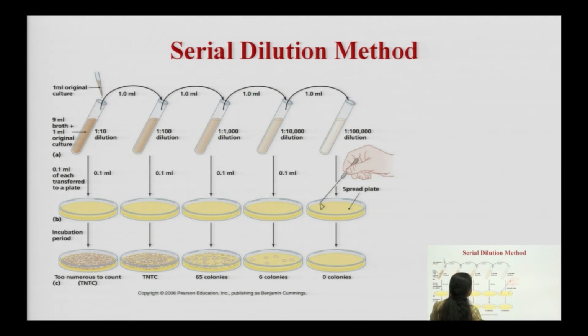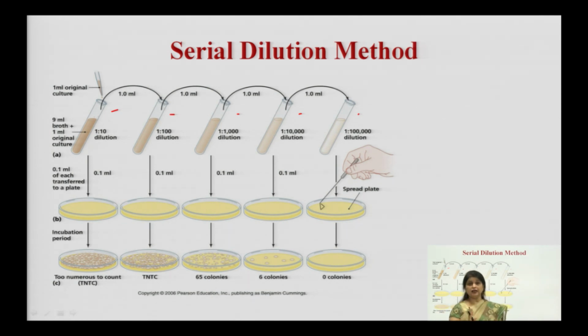So, how can we do the serial dilution to isolate our microorganisms or bacteria? If you see these test tubes, in these test tubes we will add 9 ml of media.